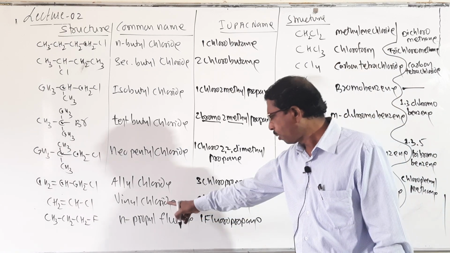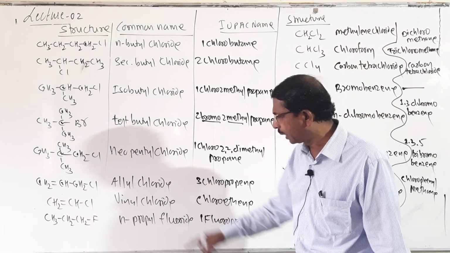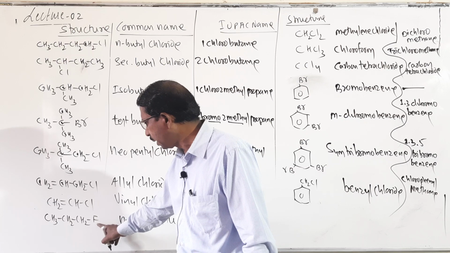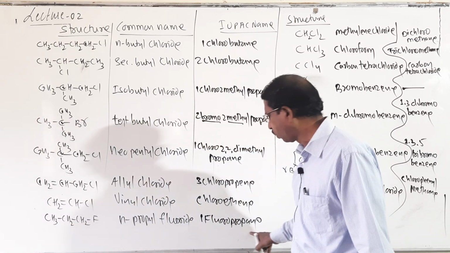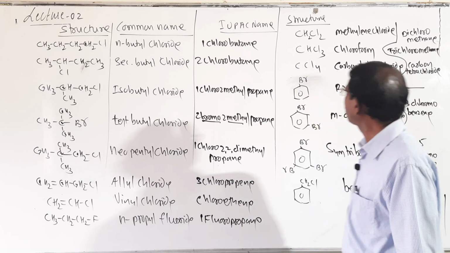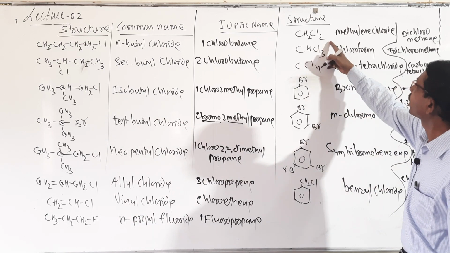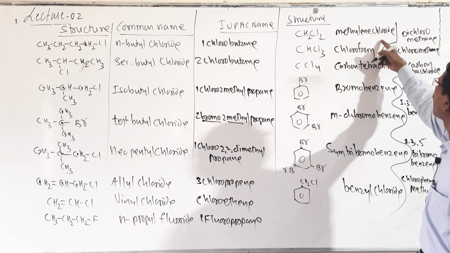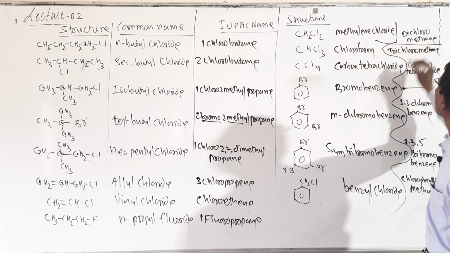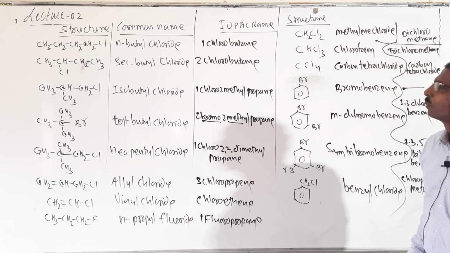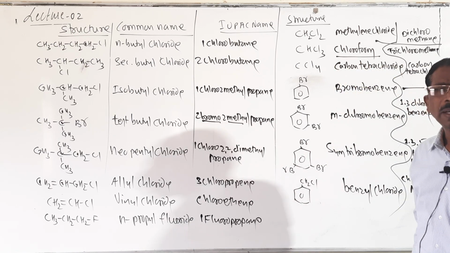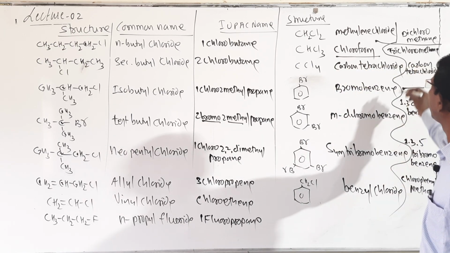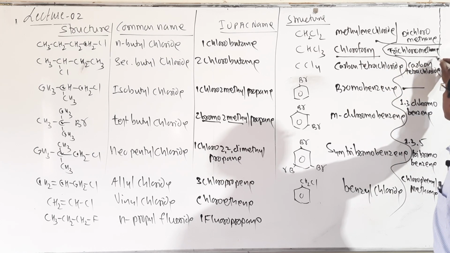The same thing with vinyl chloride, which is called chloroethene, and n-propyl fluoride, which is 1-fluoropropane. Here CH2Cl2 is called methylene chloride, and its IUPAC name is dichloromethane. CHCl3 is called chloroform, and its IUPAC name is trichloromethane.